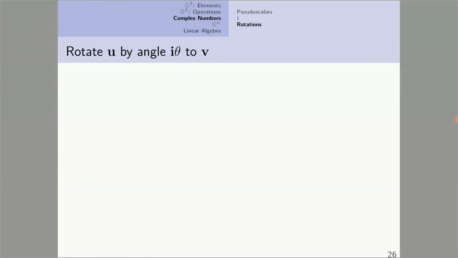Rotate a vector u by a bivector angle I theta to a vector v. I want a formula which, when given u and a rotation angle I theta, gives me v. We'll take the simplest case first, that of u and v both being in the plane of rotation I. We'll start with an identity from a couple of slides back, multiply both sides by u. u squared is u dot u, which is length of u times the length of u.